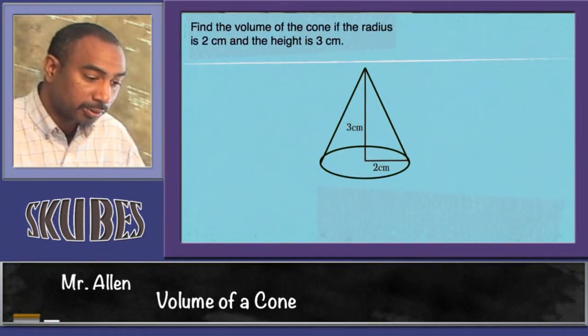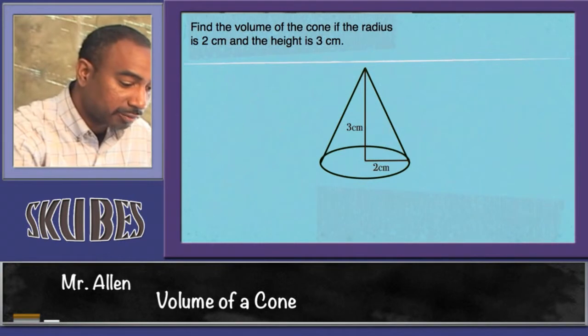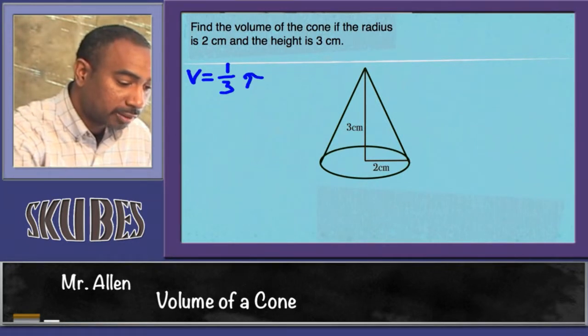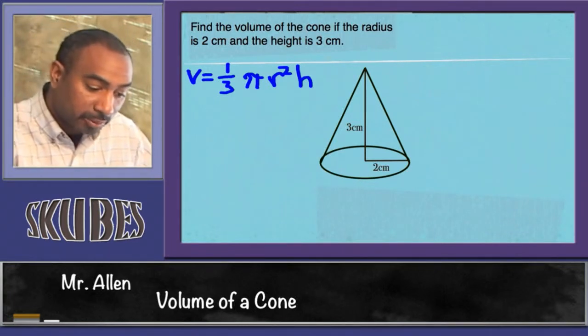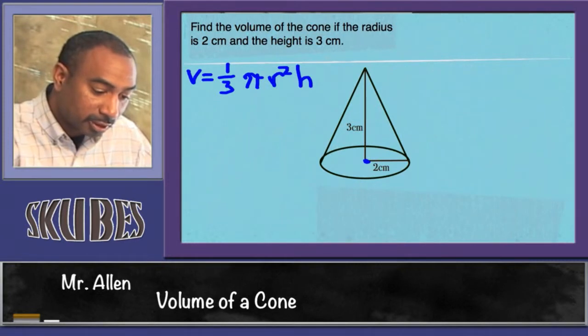Find the volume of a cone if the radius is 2 centimeters and the height is 3 centimeters. All right, recall that the volume is equal to 1/3 times pi, the radius squared, times the height. We know that the radius is 2 centimeters because this segment goes from the center to the edge of the circle.